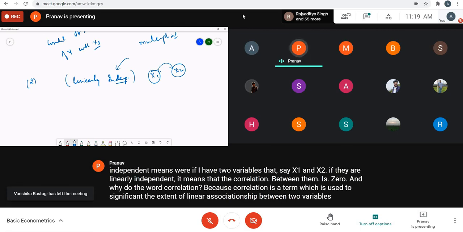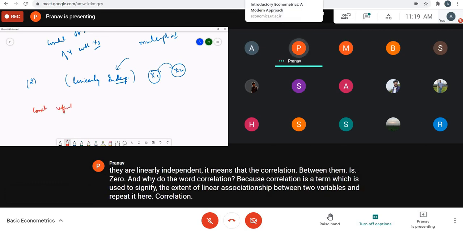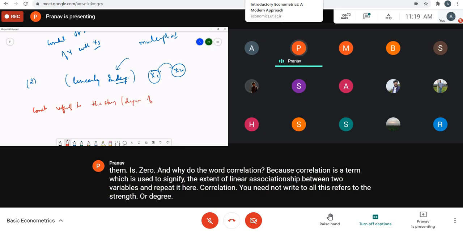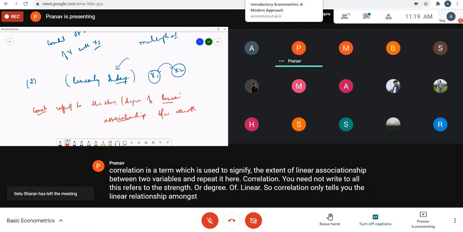I'll repeat it here. Correlation, you need not write all this, refers to the strength or degree of linear relationship. So correlation only tells you the linear relationship amongst variables.